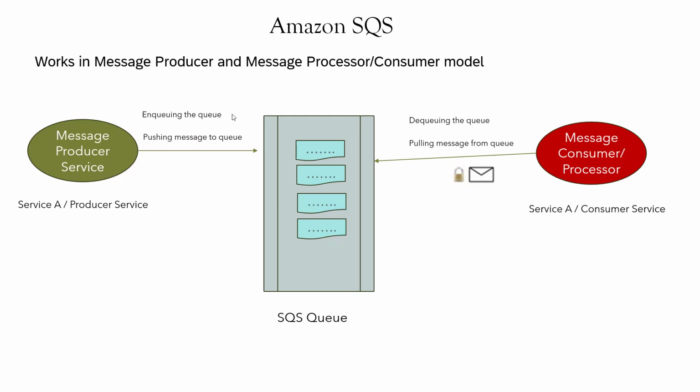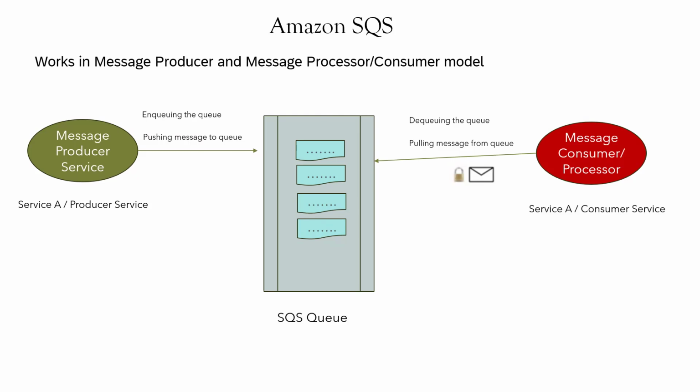We can see in this picture that the SQS queue stands between two different services. These two services are hosted on two different virtual machines, and even those two virtual machines can be in two different regions.